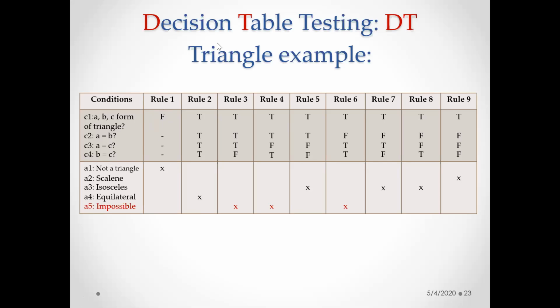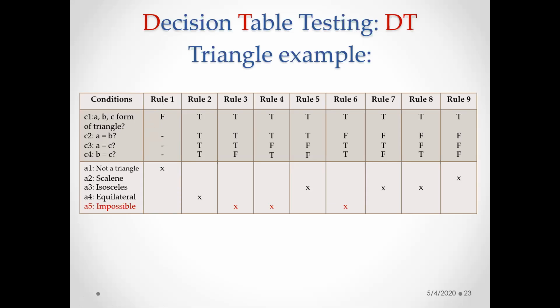The first condition fails, that is, the rule that you have taken with respect to your first condition is false. For the next ones, whether it is true or false, whatever the combination, you'll have the same result: it is not a triangle. So there is no need to have entries for it. That's why we have reduced that particular entry here.